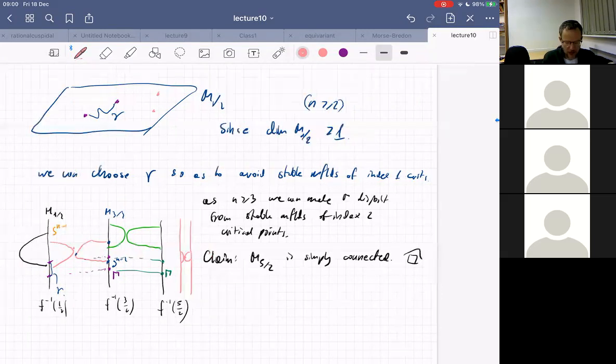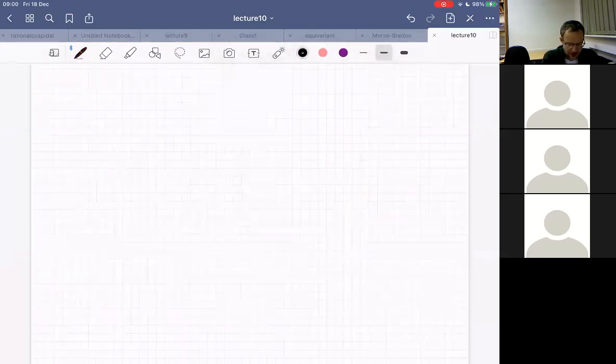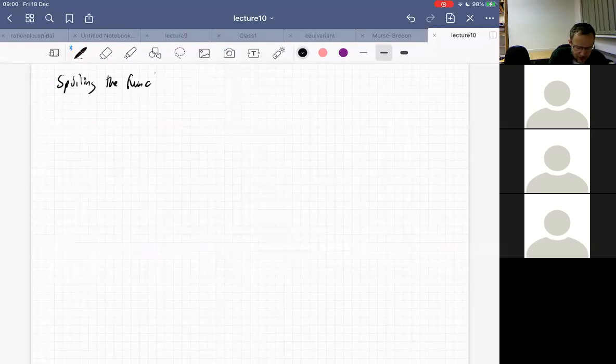f. So the next half step, or semi-step, is spoiling the function, i.e. introducing a pair of critical points.